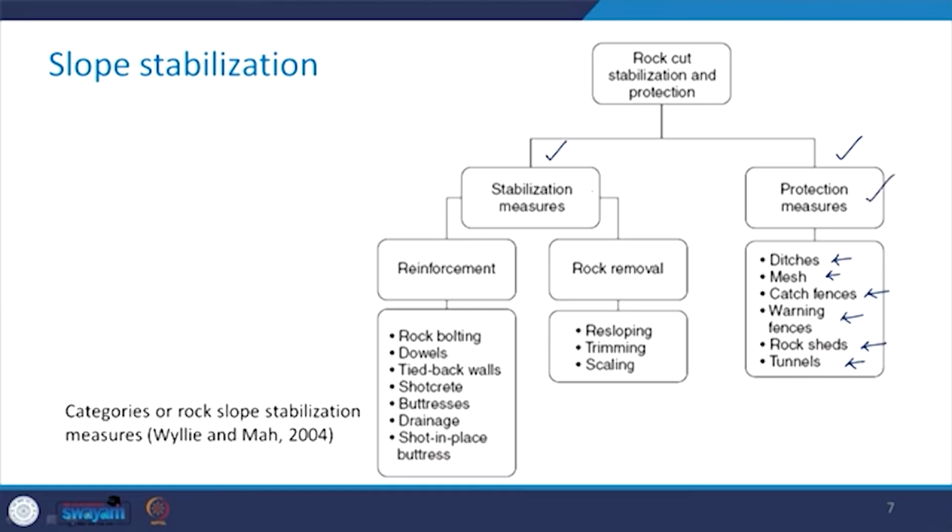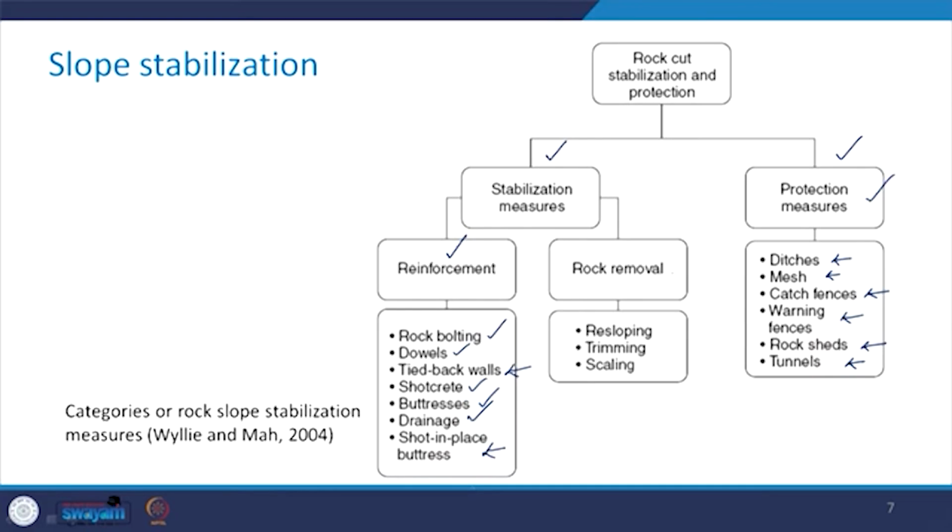Coming to the stabilization measures, the first branch deals with the reinforcement of the slope, and that can be done by rock bolting, by providing dowels or tie back walls, shotcreting, buttresses, drainage, then shot in place buttress. We will discuss some of these in detail now.